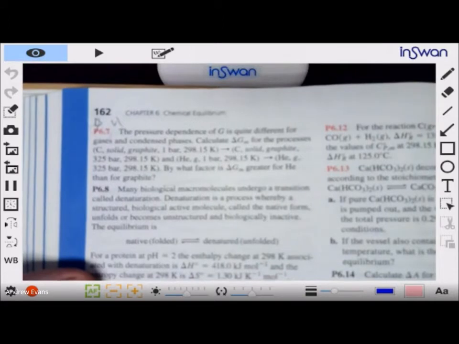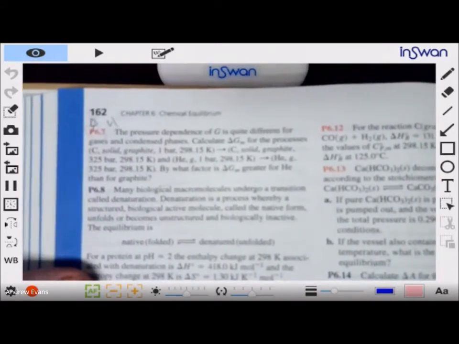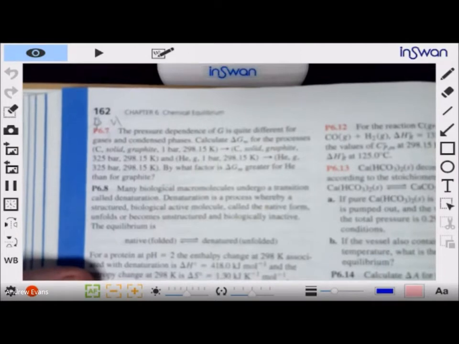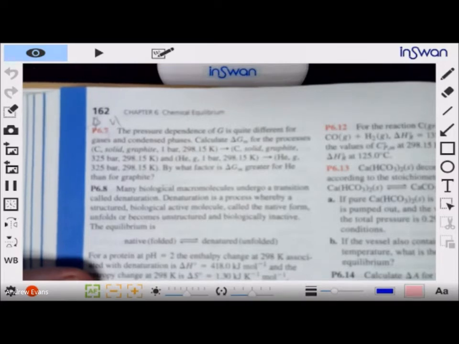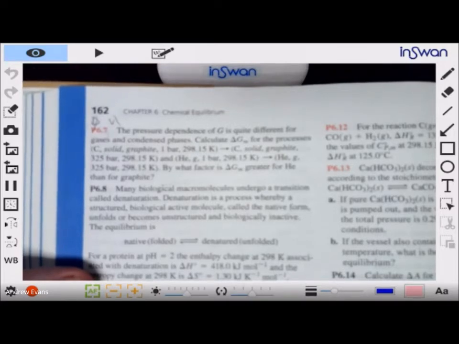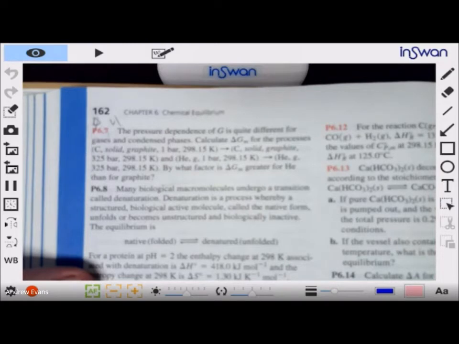Problem 7. The pressure dependence of Gibbs free energy G is quite different for gases and condensed phases. Calculate the molar Gibbs energy for the process of solid carbon graphite at 1 bar, 298.15 Kelvin being pressurized to 325 bars at 298.15 Kelvin, and helium as a gas going from 1 bar to 325 bars.